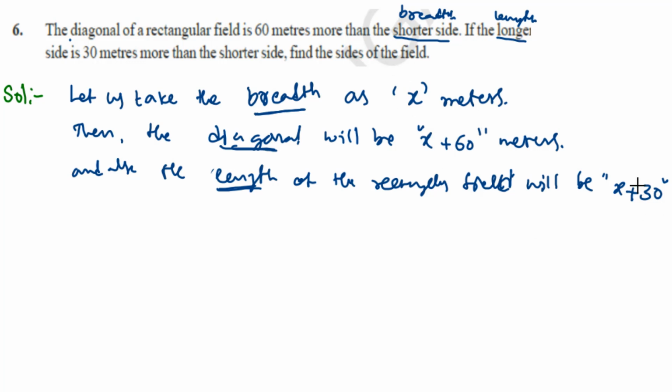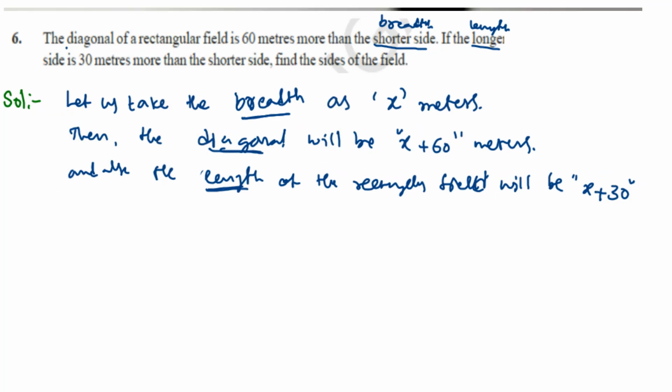So to establish the relationship, let us see the figure first. So here the field is in rectangle shape. So let us take a rectangle box here, and in this rectangular box let us take one of its diagonals. So in a rectangle we know that the diagonals' lengths are equal. So this is the diagonal, and this diagonal length is how much? With our assumption we have x plus 60 meters.